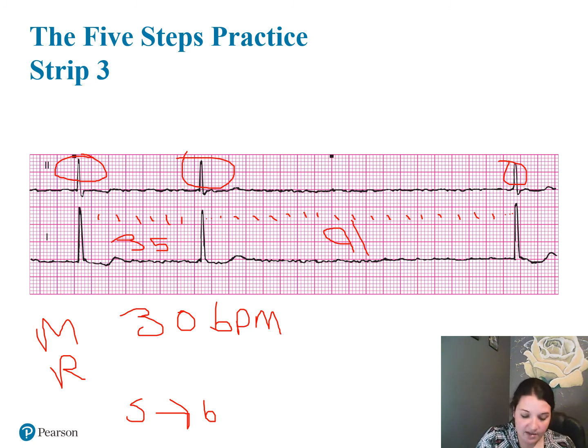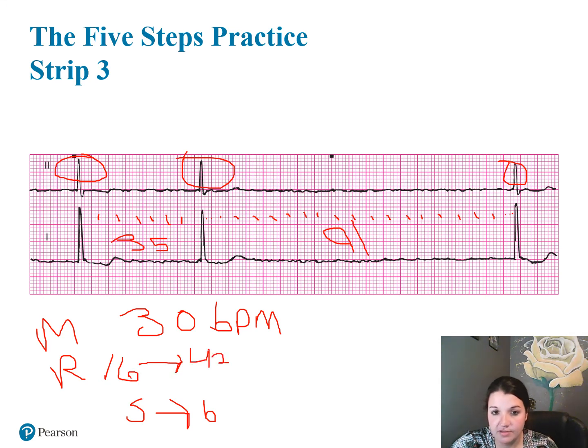And then 1500 divided by 91 is going to give me 16. It's 16.48, so it's a little bit less than that 0.5. So I'm going to say 16 beats per minute is my slowest rate, and 43 is my fastest rate.